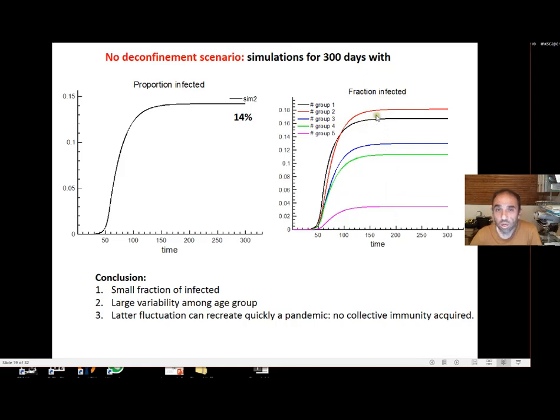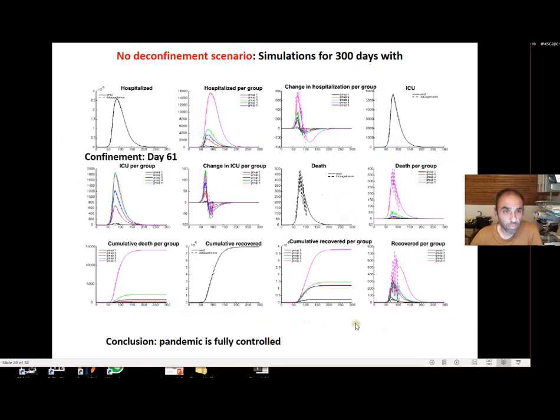And the most, the red is group 2, which is the group from 25 to 50, and group 1 here is less than 25 years old. So you see a small fraction of infected people, with a large variability among age groups. Later fluctuation can quickly recreate a pandemic because there is no collective immunity acquired here.